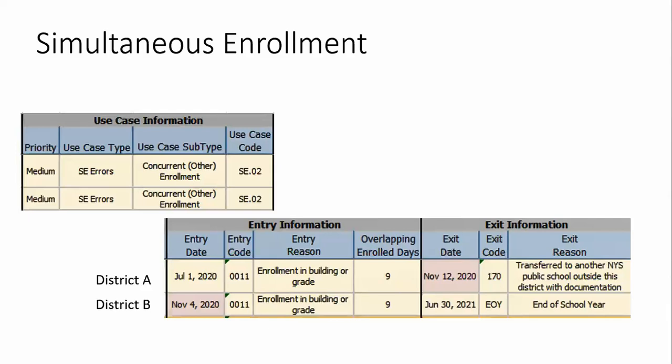Well, although that's tempting, the UIAS report only confirms that the student was enrolled starting on November 4th. So technically you cannot back up your exit date anything earlier than November 3rd without having additional documentation.